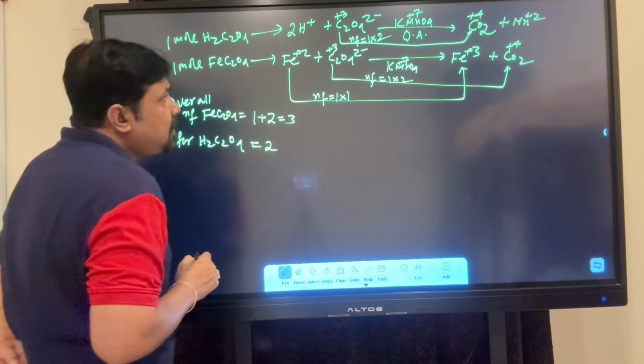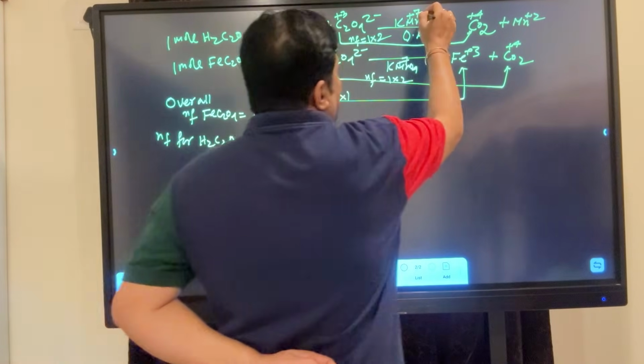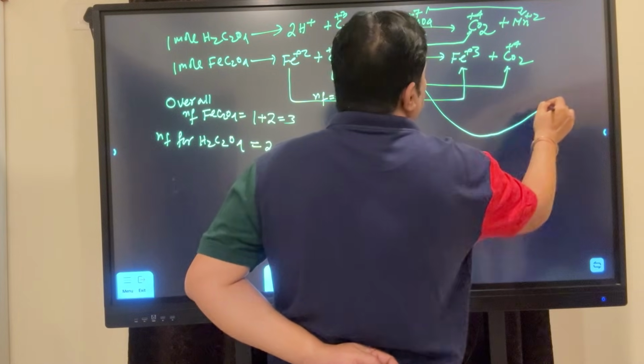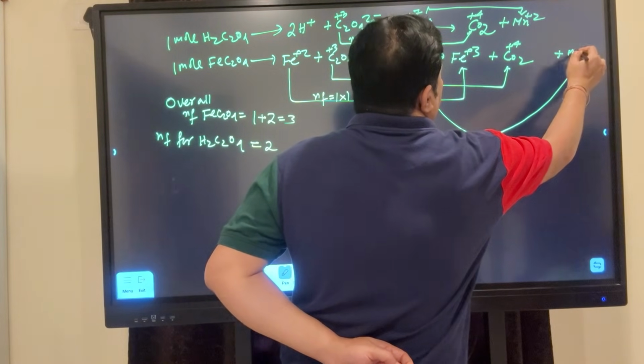Now if you look at both cases, manganese goes from +7 to +2.